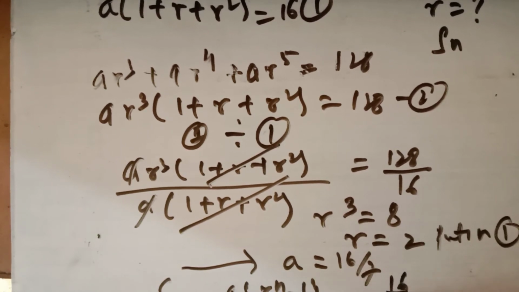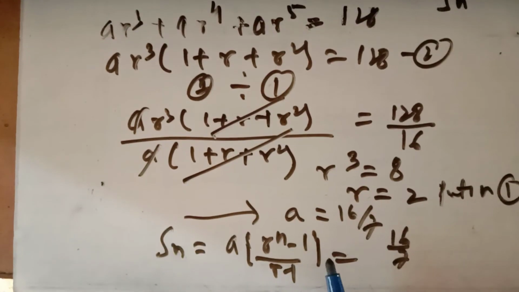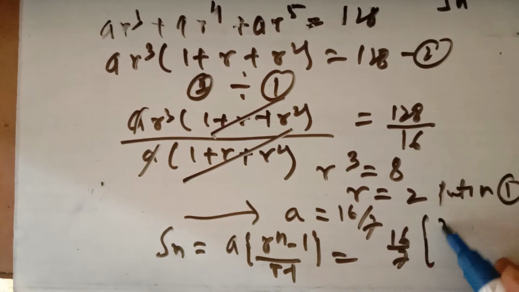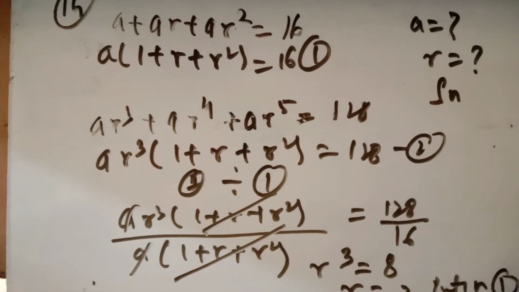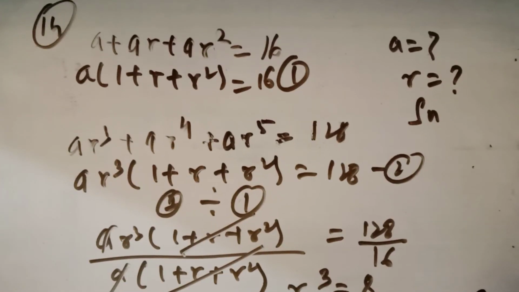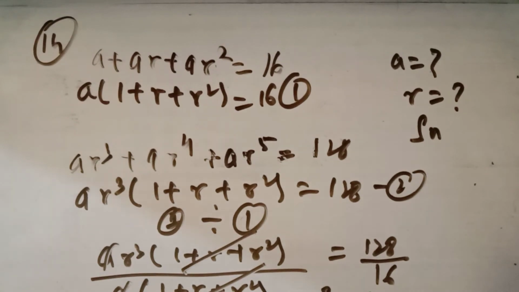So 16 upon 7, R is 2, raised to power n minus 1 upon 2 minus 1. So this is the sum of n terms when the sum of first 3 terms and the next 3 terms is given. So whenever you are getting 2 equations in geometric progression, you solve those equations by dividing. So this is the question number 14.